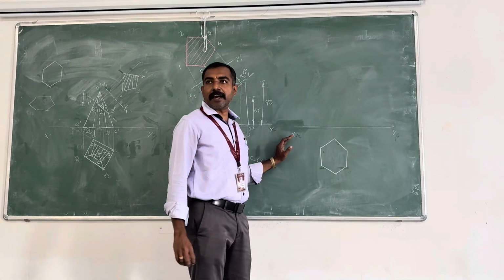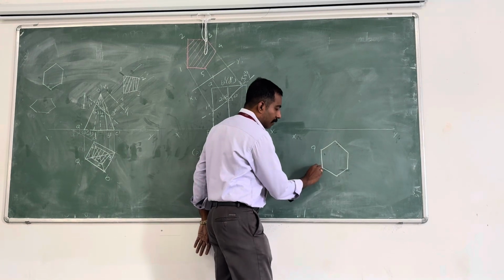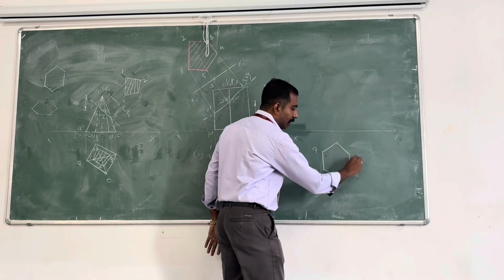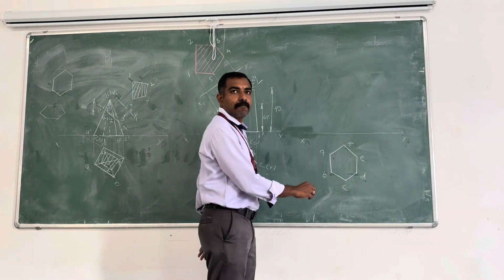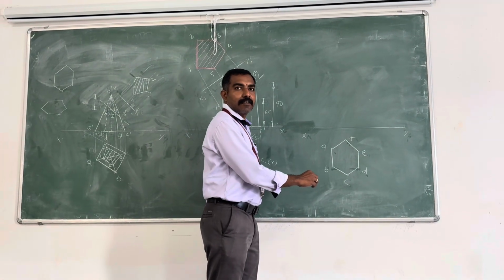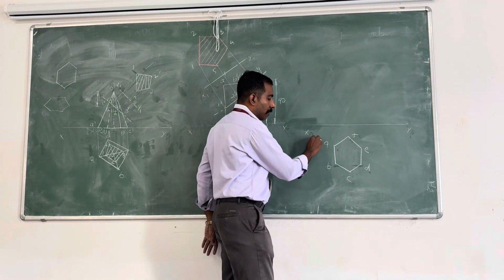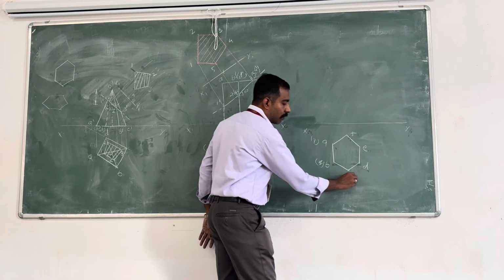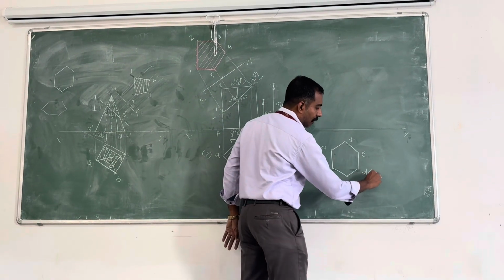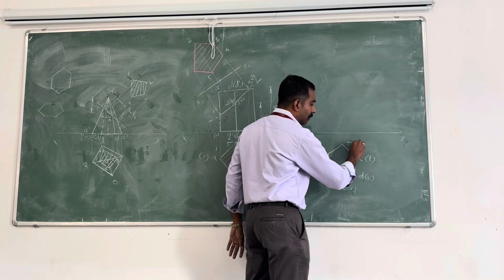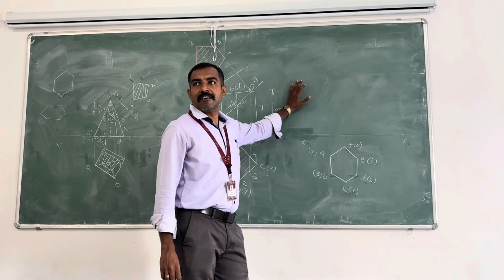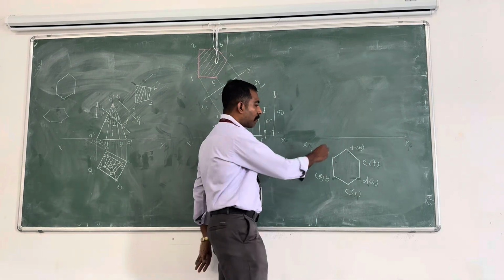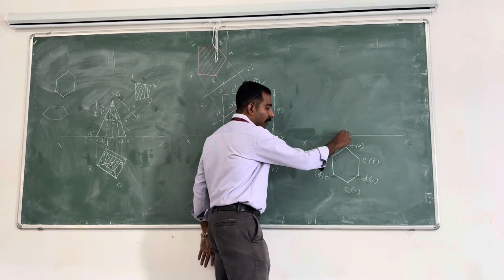Now we have to mark the points A, B, C, D, E and F, and inside the brackets P, Q, R, S, T and U. This is the top view. Then we have to draw the front view.